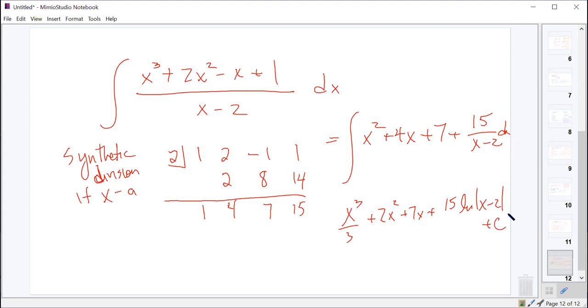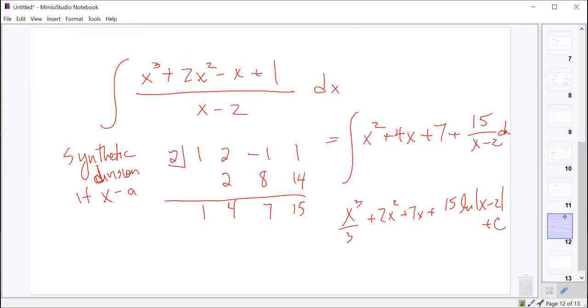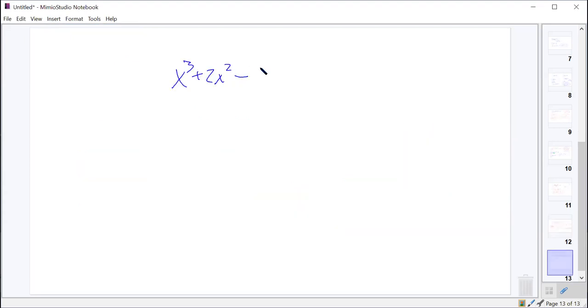Okay. Just to show the regular long division also, I'm going to write that out. We had x cubed plus 2x squared minus x plus 1, and we were dividing that by x minus 2. So we think, x times what gives us x cubed? Well, that's x squared.